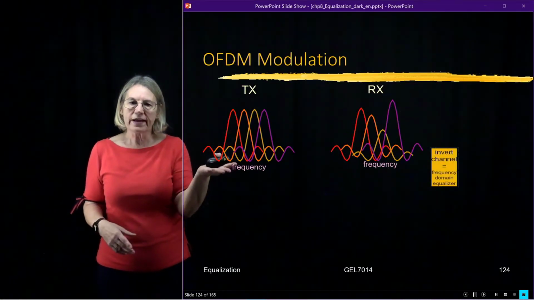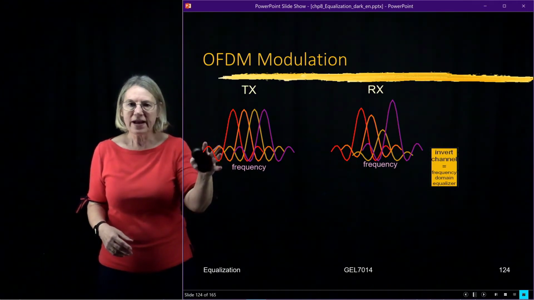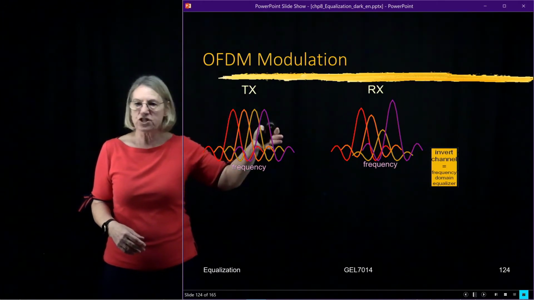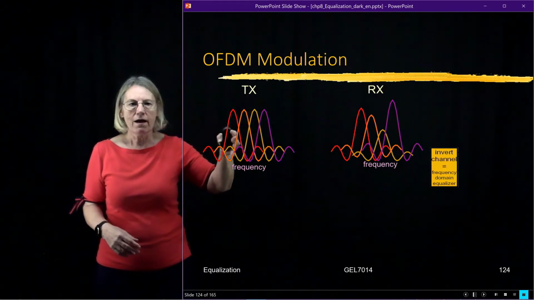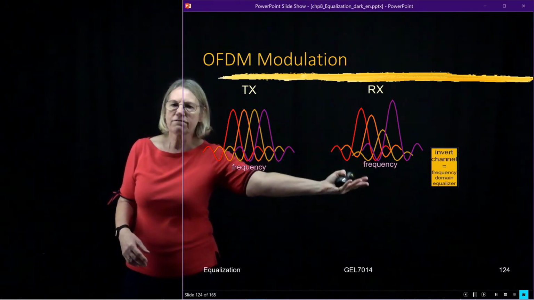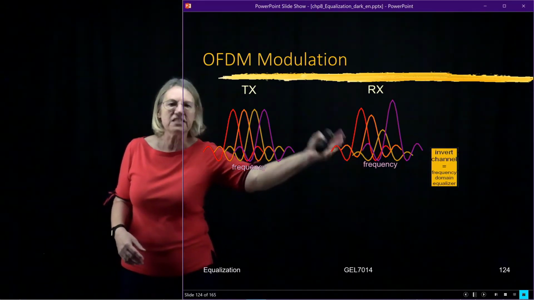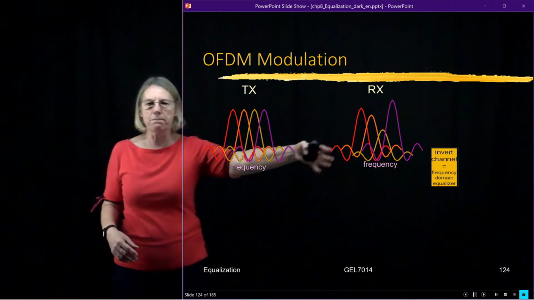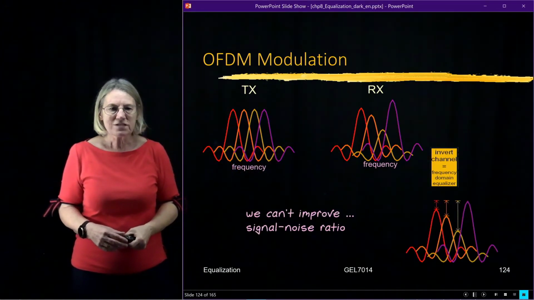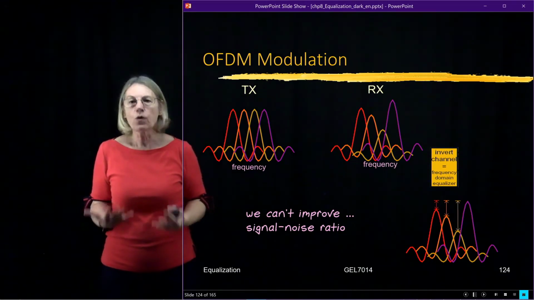So this is what's going on in the transmitter. I'm sending the same modulation format, the same power, but at the receiver, because of the channel, things get messed up. Then I can compensate for it because I have these tones which let me figure out what's going on. Of course, I can't improve the signal-to-noise ratio.